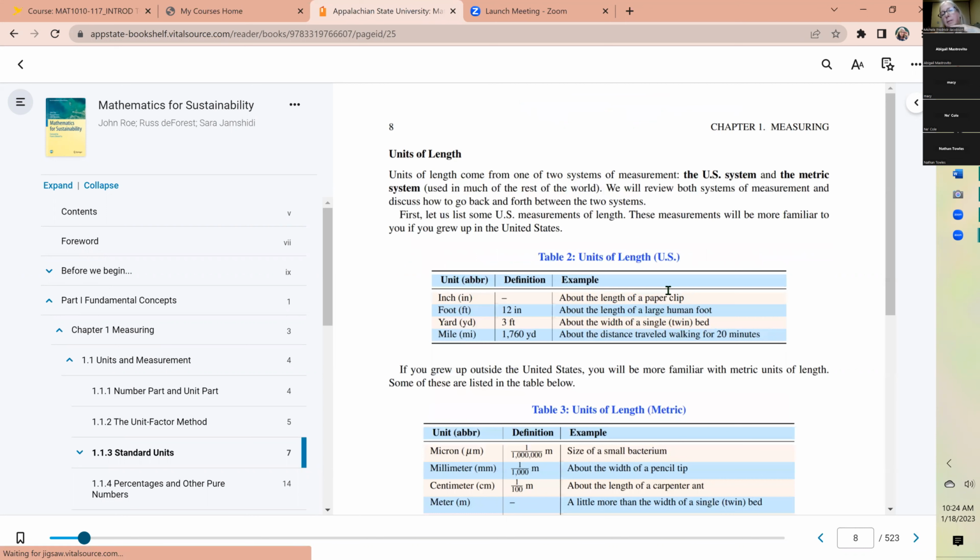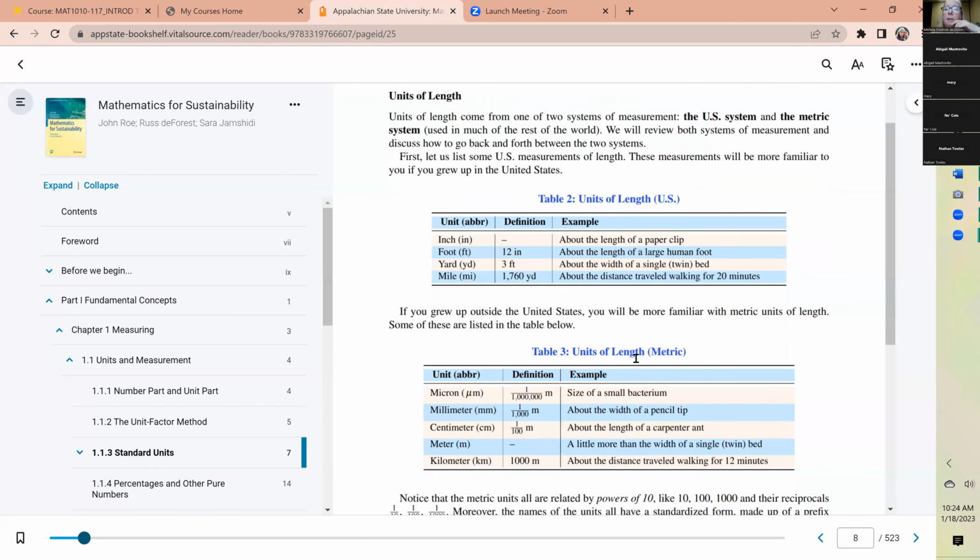The next page, it has length in US measurements. An inch is about the size of a paper clip. It's also about the size of your thumb. About the length of a large human foot. So if you need to measure the length of a room, your foot's a good way because it's approximately 12 inches. If your foot's shorter, then maybe you want to take a little bigger step, but it still will give you a good rough estimate.